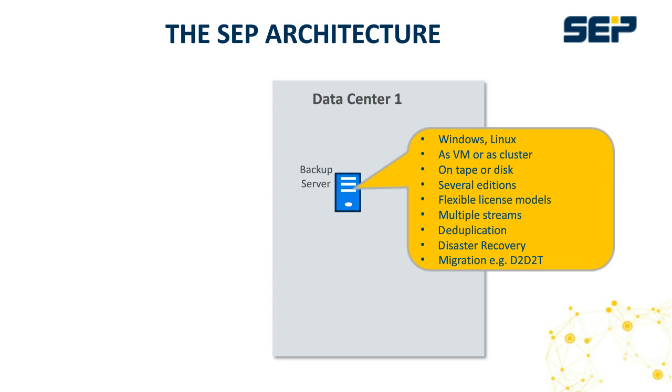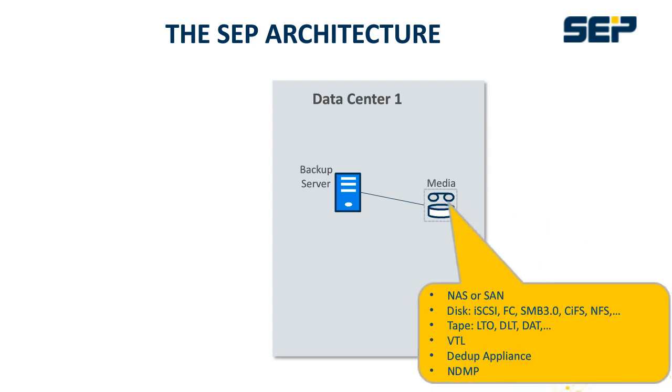And of course, as I mentioned before, our so-called multiplexing engine, so multi-streaming backup, is integrated and deduplication is integrated. So you don't need additional software or additional modules to work with that. You can connect any kind of disk storage. That means we don't care if you use a NAS, SAN, or if you connect it via exclusive fiber channel, NFS, SMB. As long as we can see the disk storage, we can work with that disk storage.